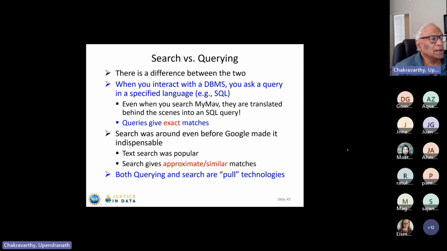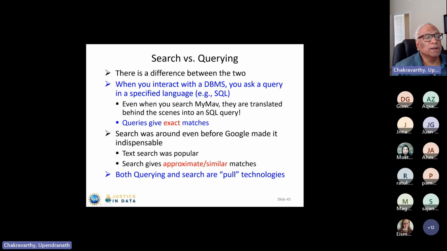This slide essentially tries to give you an understanding of the difference between search and query. When you interact with a DBMS, you ask a query that is written in a specified language, SQL. You might have heard of it, you might have used it.